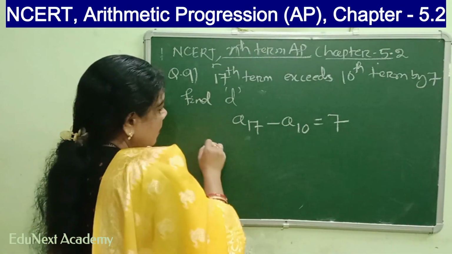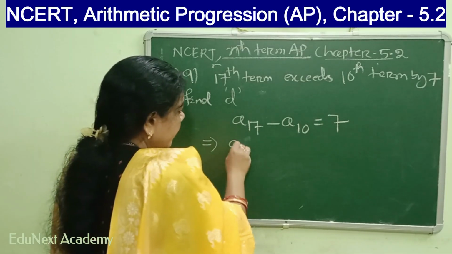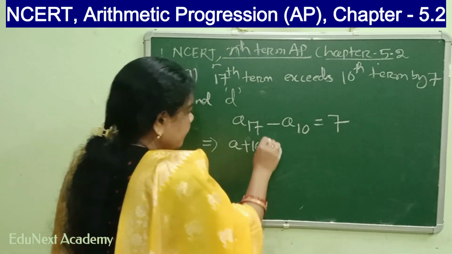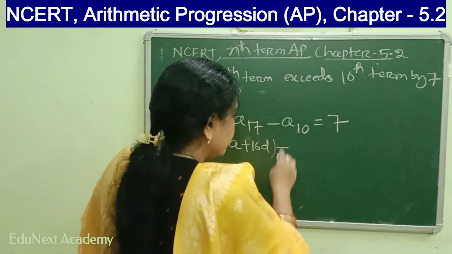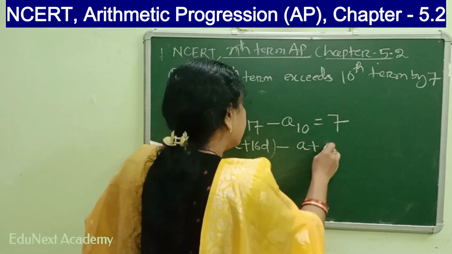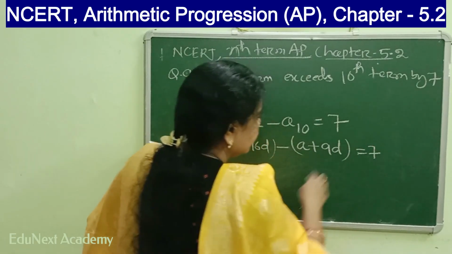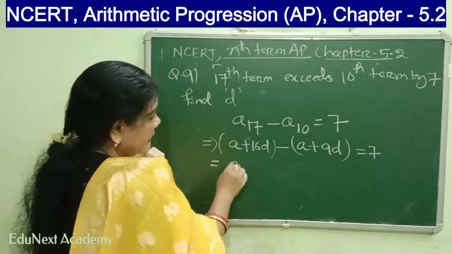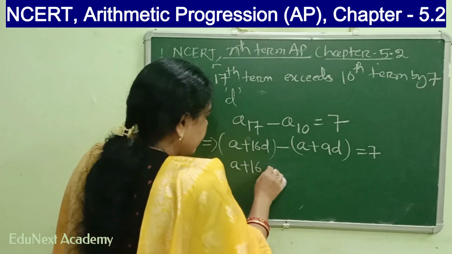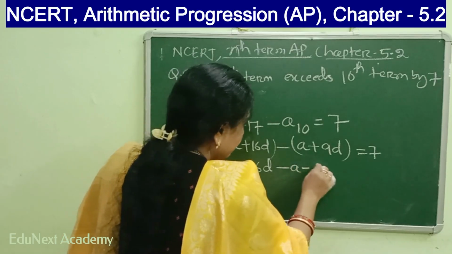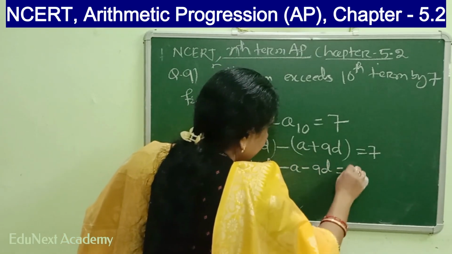So how am I solving? This is nothing but a plus 16d minus a plus 9d is equal to 7. Okay, so a plus 16d minus a minus 9d is equal to 7.